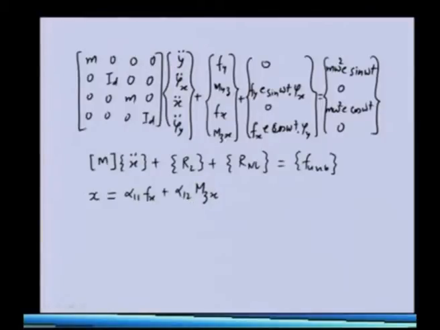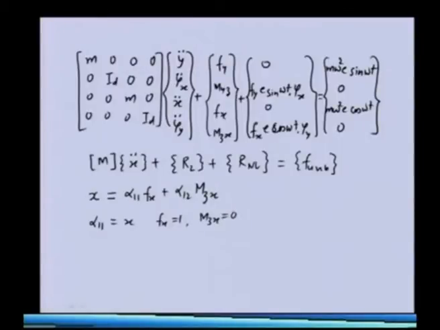If we want to define alpha 11, basically this is a linear displacement for a unit force, keeping all other moments and forces at 0. That means this will be the x when we have Fx equal to 1 and all other moments and forces are 0.